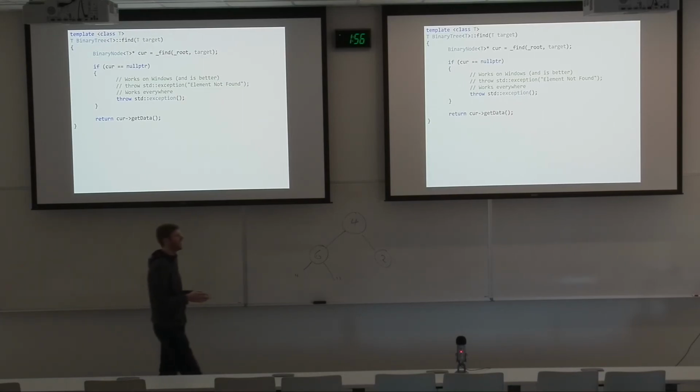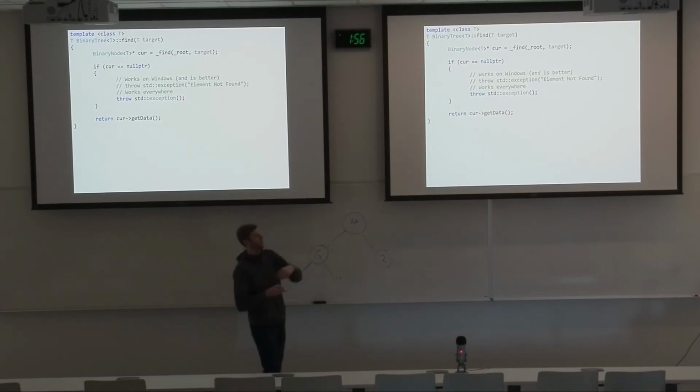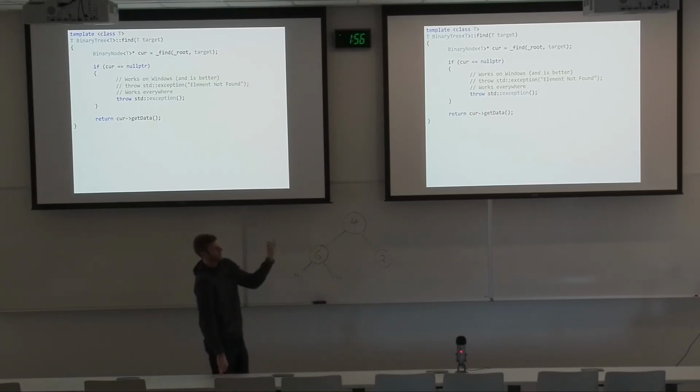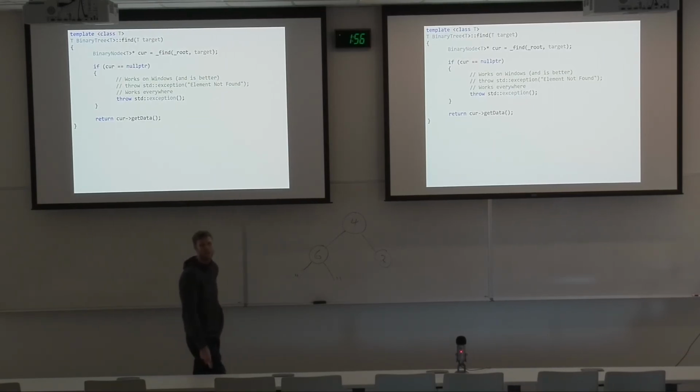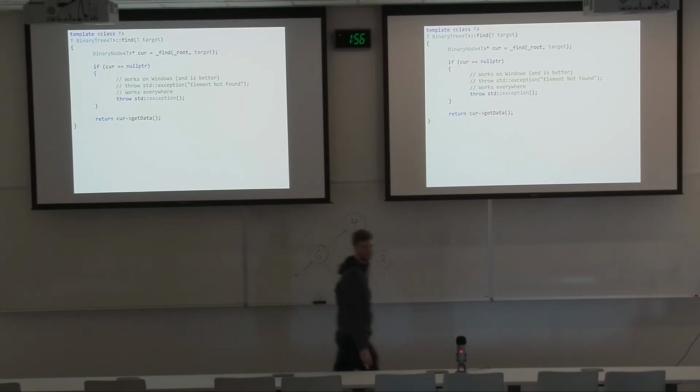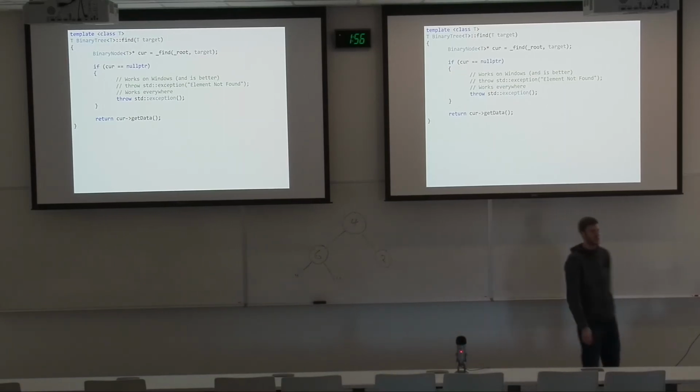And in my example, if cur is null pointer, I'm throwing an exception. Why? Because I decided to do it that way. Otherwise, I return the data. Cool. That's it. I return the thing of type T I was looking for. So this helper function is really simple.